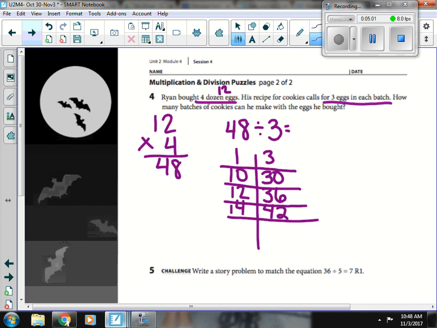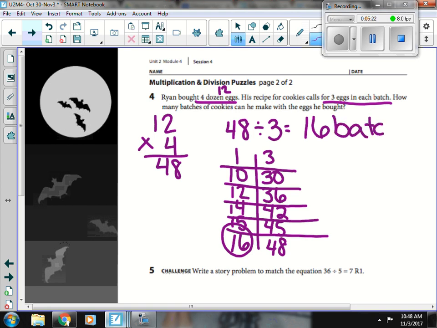And I'm getting closer, so I'm going to count by threes now. 15 times 3 is 45. 16 times 3 is 48. So 48 divided by 3 is 16. So he can make 16 batches of cookies, which sounds like a lot of delicious cookies.